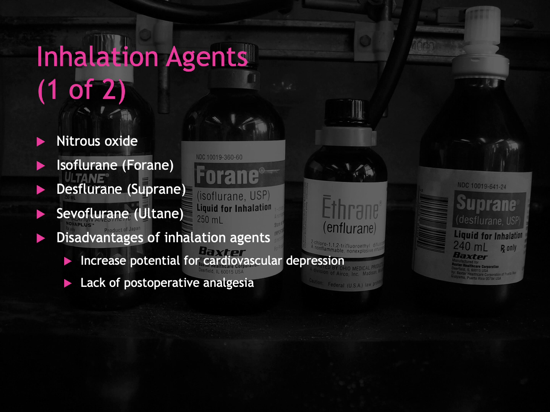And as I mentioned previously, these agents' potency is measured using the minimum alveolar concentration, the MAC. There are some disadvantages regarding inhalation agents, which include an increased potential for cardiovascular depression and lack of postoperative analgesia.